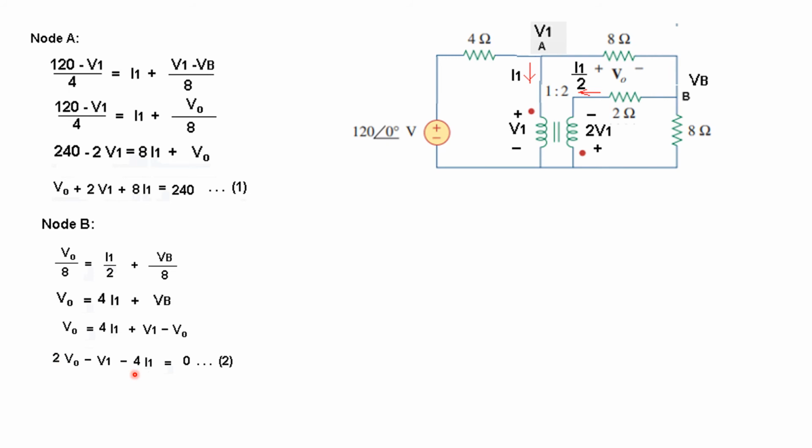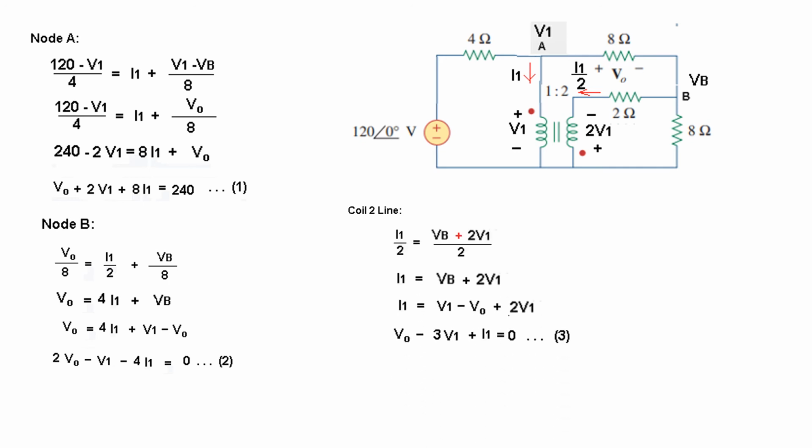So there are 3 variables, but we have 2 equations, so we need another equation, and that we'll get from this current I2. So for the coil 2 line, we can write I1 over 2 equals this voltage plus this voltage. Why are we writing plus and not minus?